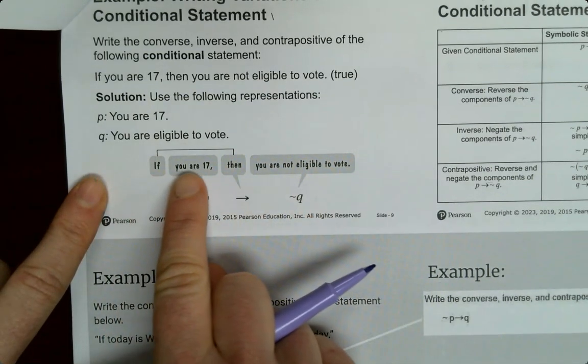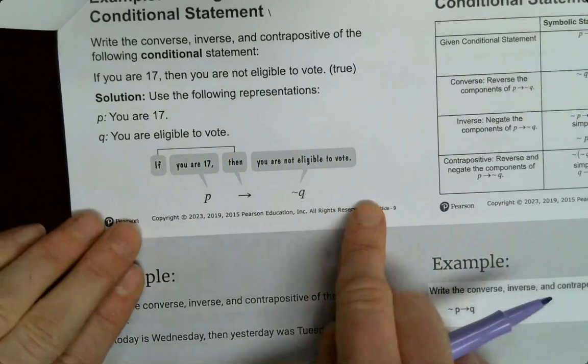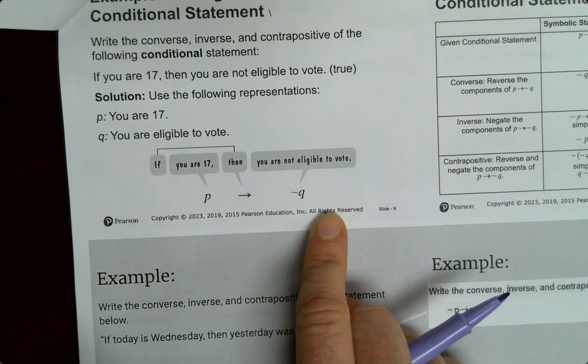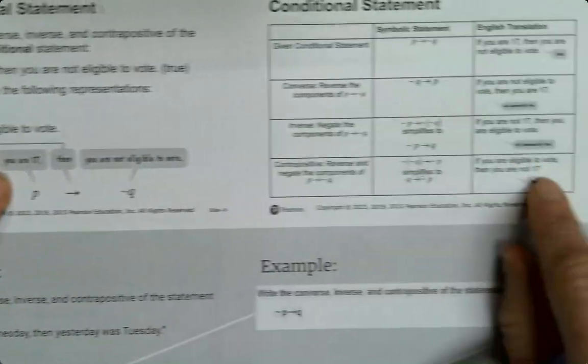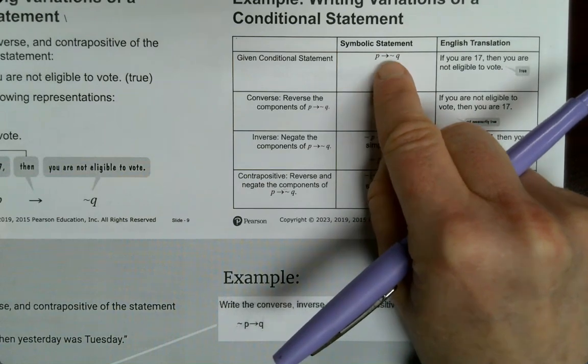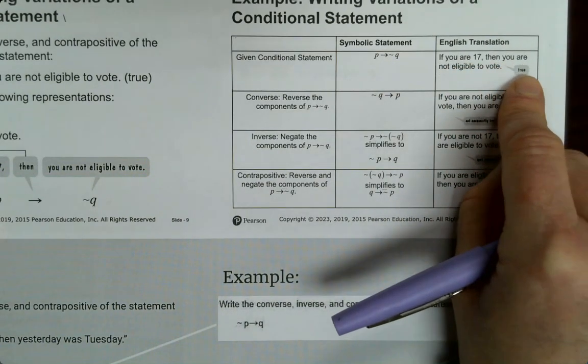So if you are 17, then you're not eligible to vote. This is going to be our conditional statement. From this, you're going to write the converse, inverse, and contrapositive, and it's all written over here. This is our original: if P, then not Q. If you are 17, then you are not eligible to vote. And that is true.